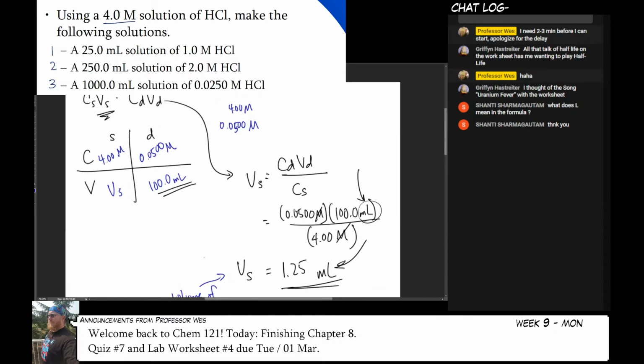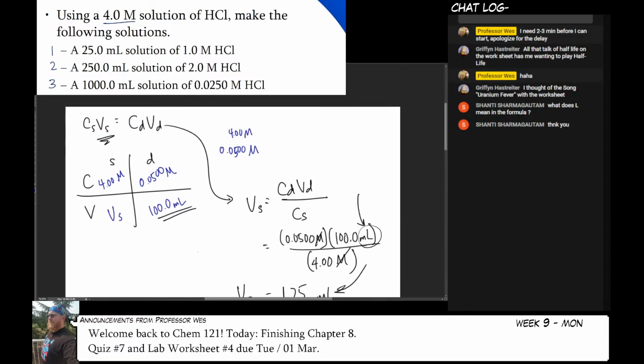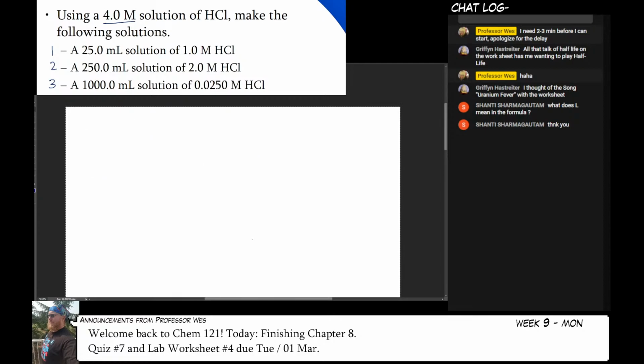We just need to write all of this based on information from the problem above. So I need this molarity, this concentration, etc. So let's create a little template here. And then we're going to solve in each of these cases for this.